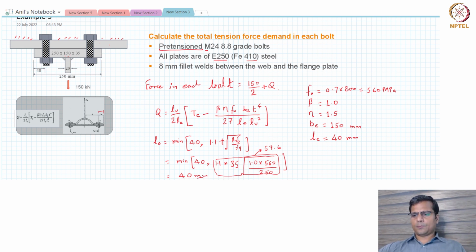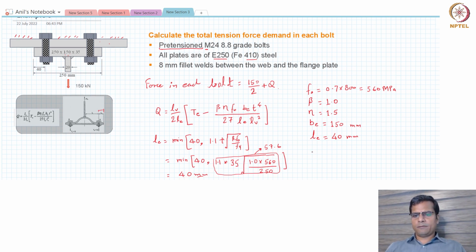LV is relatively straightforward in comparison to LE. LV is the distance from the edge of the fillet to the center of the bolt. So which is easy to calculate. We know the distance from the center of this plate to the center of the bolt. The total distance was 250. Half of that is 125. This distance is 40.